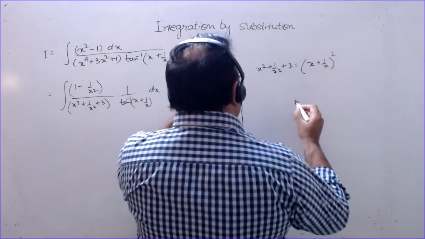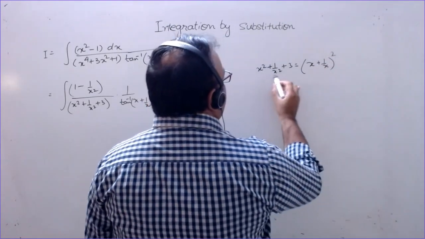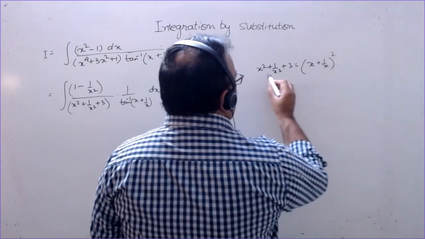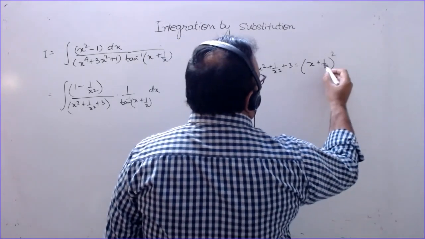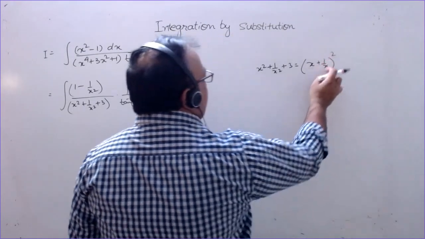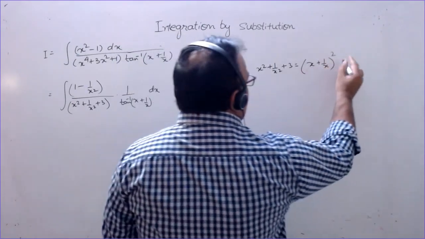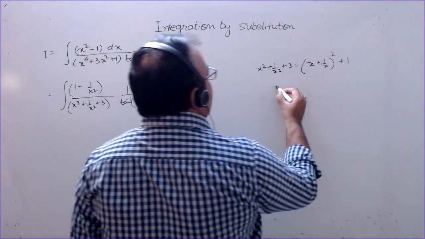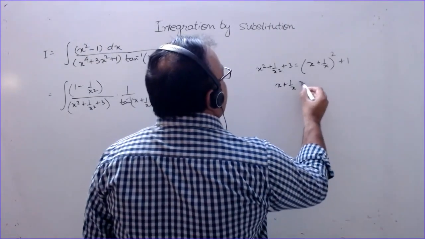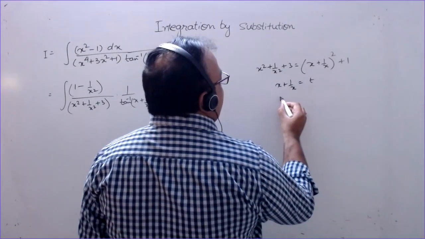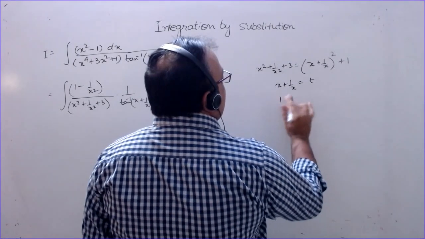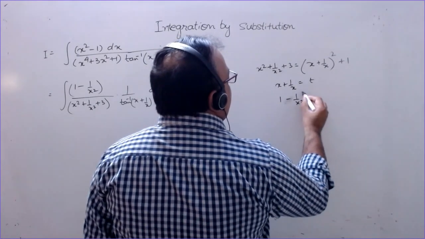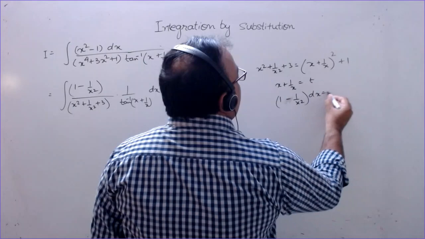So I am making this a perfect square, x plus 1 by x whole square, and this will be x square plus 1 by x square plus 2, so plus 1. Now I can substitute x plus 1 by x is equal to t, differentiating both sides, 1 minus 1 by x square dx is equal to dt.